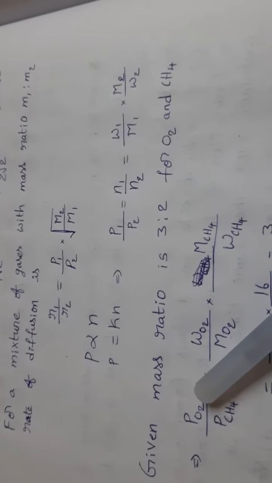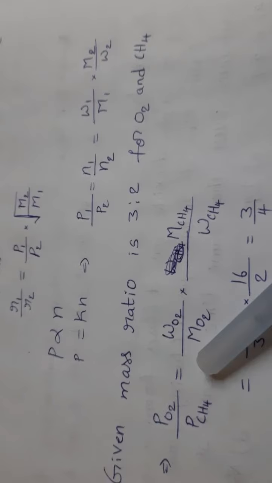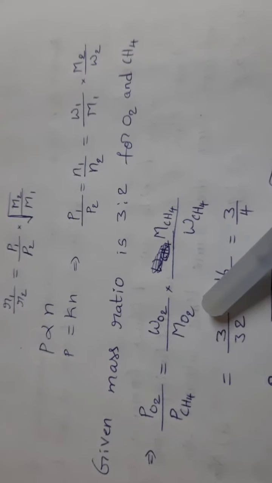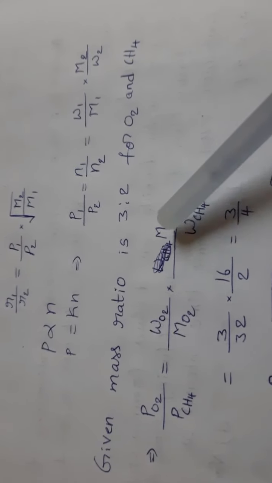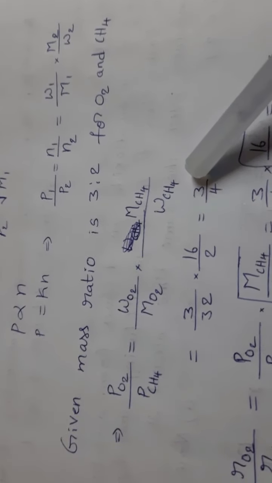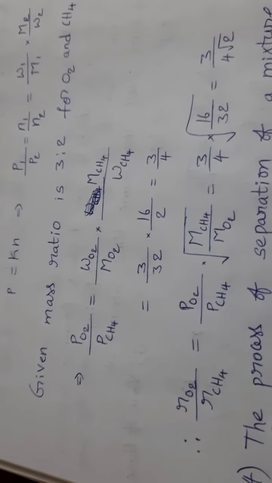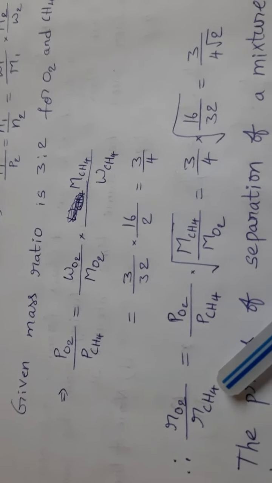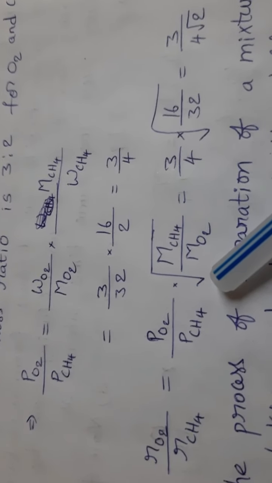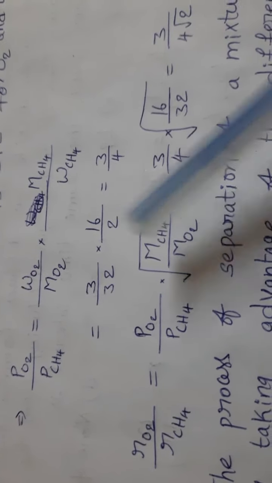Therefore, pressure of oxygen divided by pressure of methane equal to weight of oxygen divided by molecular weight of oxygen. Weight is 3, molecular weight is 32. Molecular weight of CH4 is 16, weight of CH4 is 2, that equals 3 by 4. Now rate of effusion of O2 to rate of effusion of CH4 equal to PO2 divided by PCH4 into square root of molecular weight of CH4 divided by molecular weight of O2.